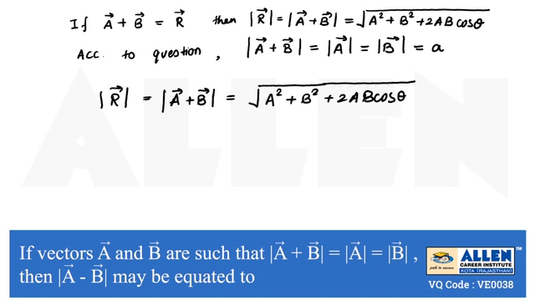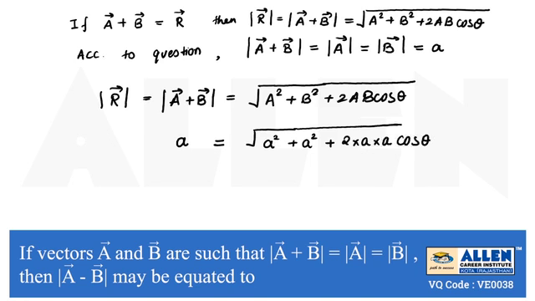So the magnitude of a vector and the magnitude of a vector plus b vector are equal, that is a. So we can see a is equal to the root of a square plus a square plus 2 times a into a cos theta, because the magnitudes of a vector and b vector are equal to a.